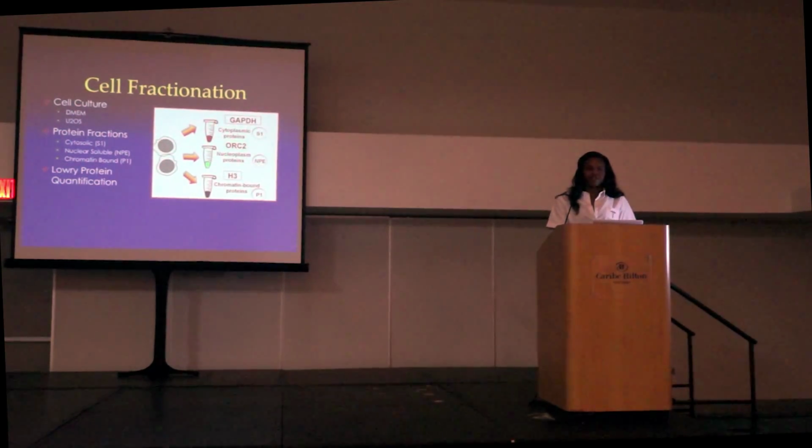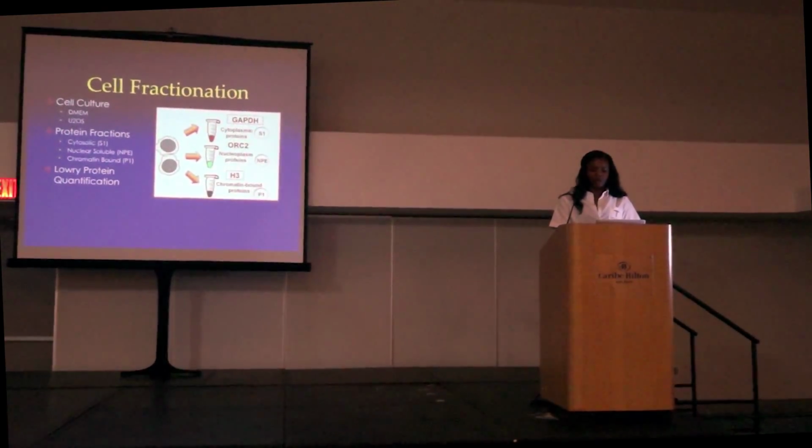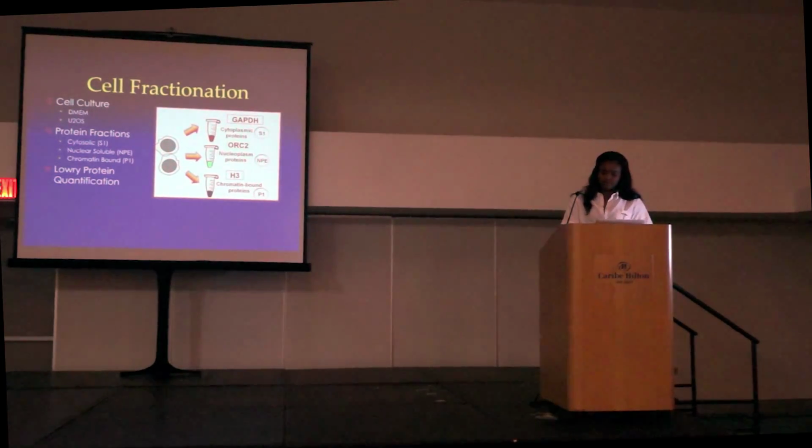After plasmid transfection, we used human osteosarcoma cells, mainly because they were large and easy to view underneath microscopes, where we expressed the RepID protein. We divided the proteins into cytosolic proteins, nuclear soluble proteins, and chromatin-bound proteins. We quantified them using Lowry protein quantification.